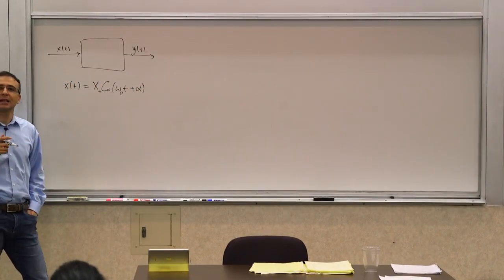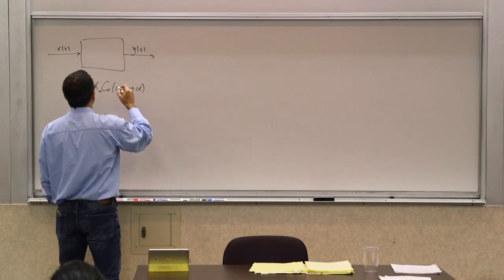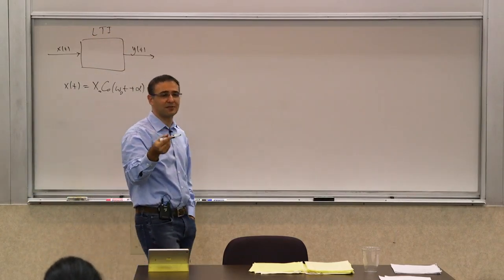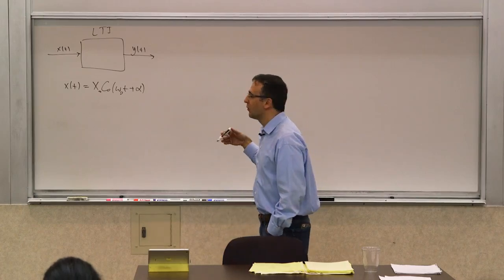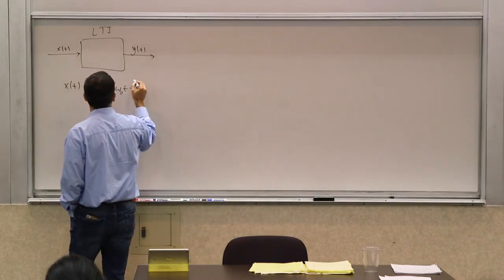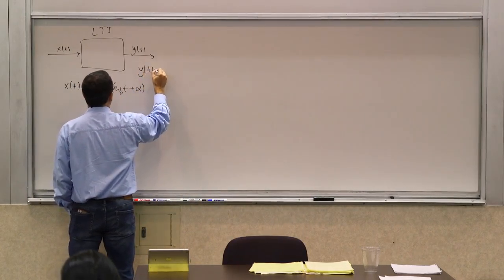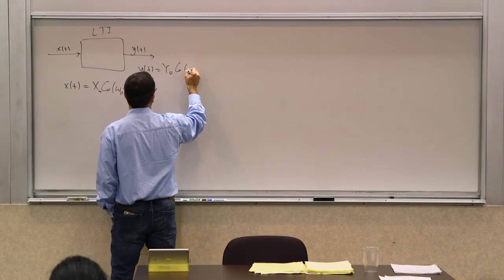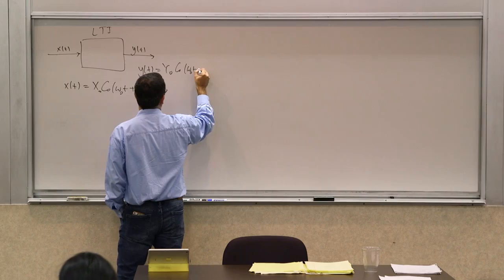And we know if you're thinking about a steady state forced response of the system, and if this is an LTI system, it would only have a response with a cosine form. So your y of t will be some y0, some different amplitude in principle, cosine of omega 0 t plus beta.